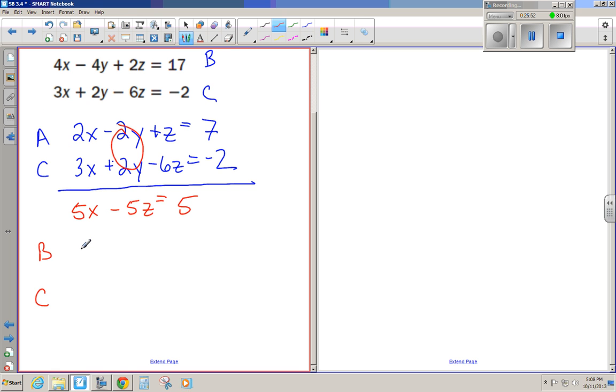So, 4x minus 4y plus 2z equals 17. We have to multiply C to make this number here the opposite of negative 4. So 2 times 2 gives us the opposite of negative 4.